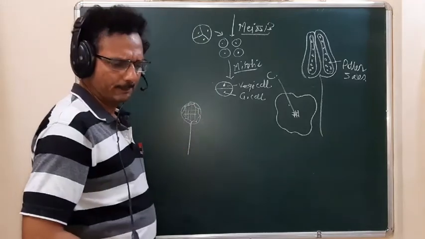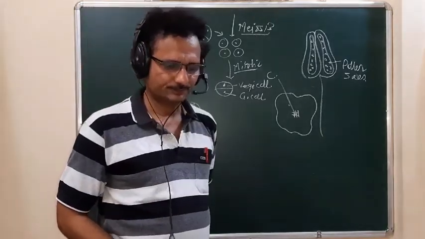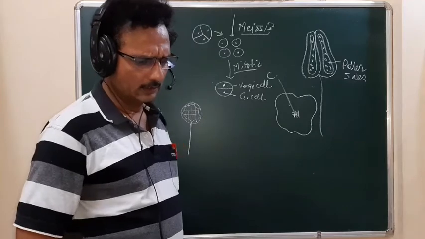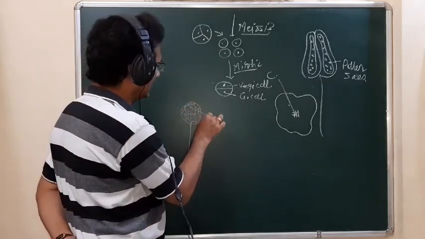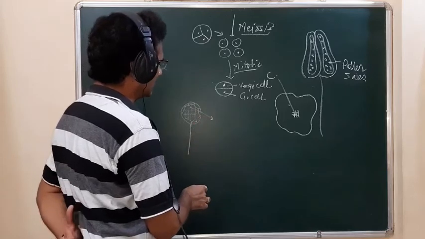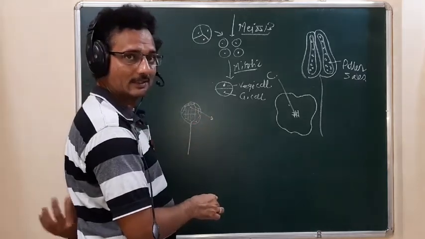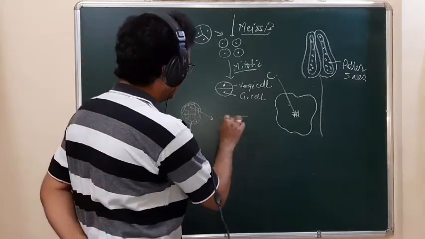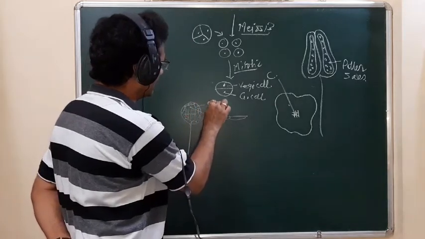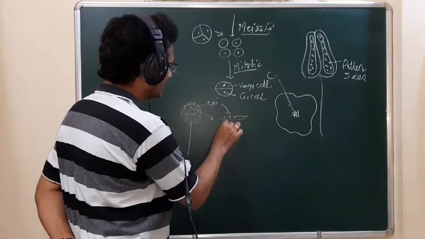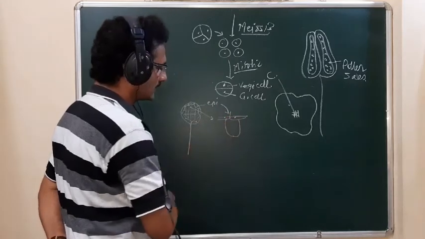One of the parenchymatous cells acts as an archisporial cell. This is the upper epidermal cells, these are the epidermal cells, and this is the archisporial cell.